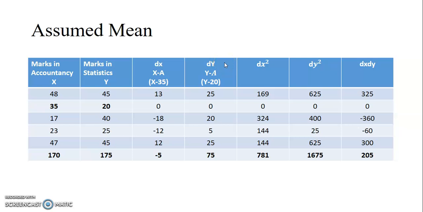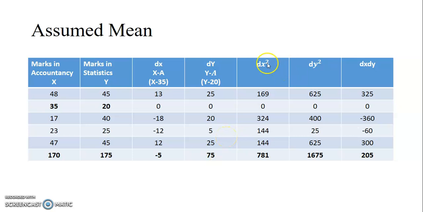Then for dy, we take the assumed mean as 20. So 45 minus 20, 25, 20 minus 20, 0, 40 minus 20, 20, 25 minus 25, then 45 minus 25, 20, 25. So now we got sigma dy as 75.